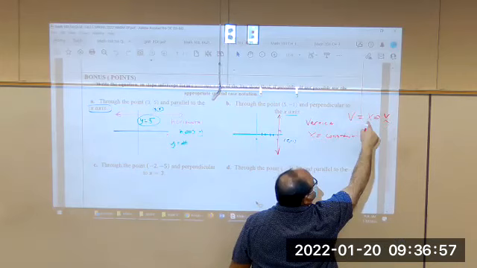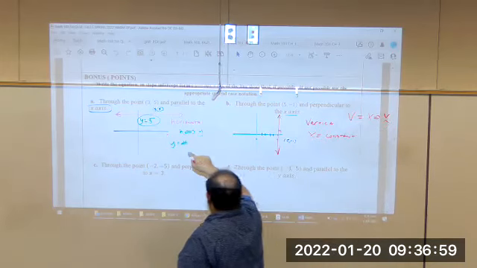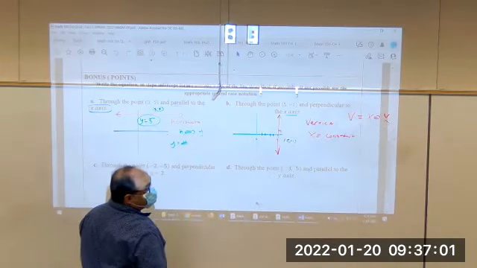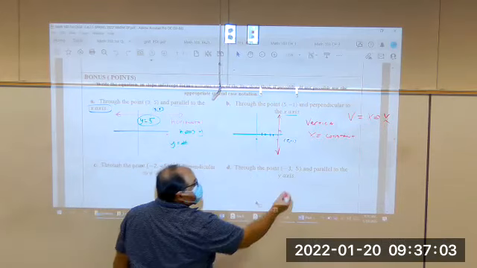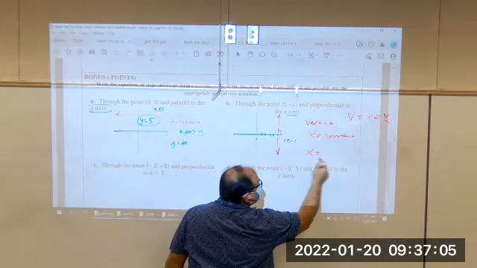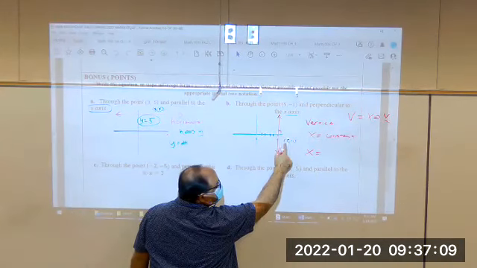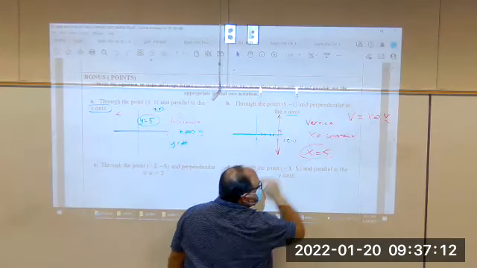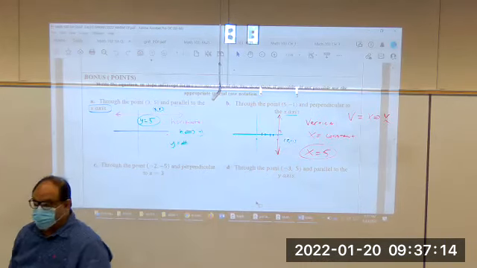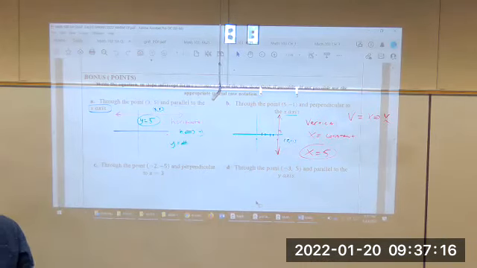If it's vertical, it's x equal to a constant. When it's horizontal, it's y by itself. So here it's going to be x equals, what's the x coordinate out of these two ordered pairs? It's the 5. Done. X is always 5. Doesn't matter what y equals, x is always 5.